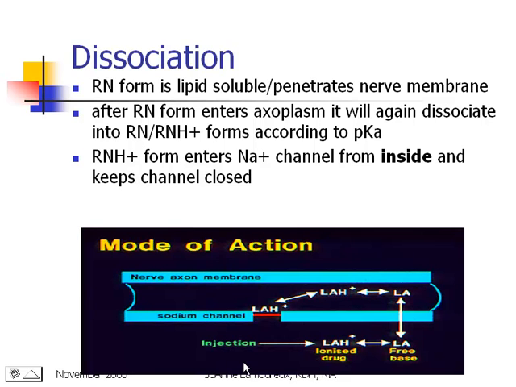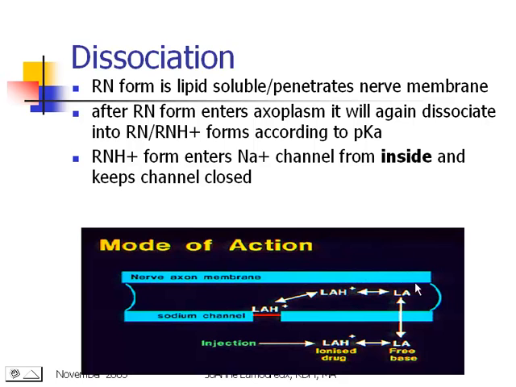If you look here, when we give an injection, because of the pKa of the drug, and the pH of the tissues and the pH of the drug, we're going to get a certain amount of molecules which are free base and a certain amount which are ionized. As I mentioned, only the free base molecules are going to be able to penetrate that nerve fiber and get inside the axoplasm of the nerve.